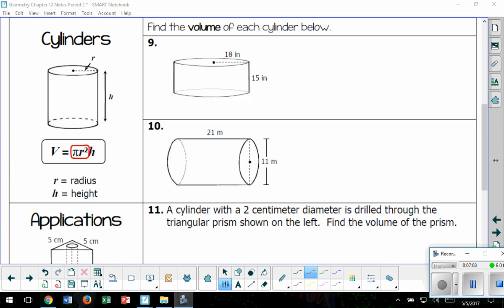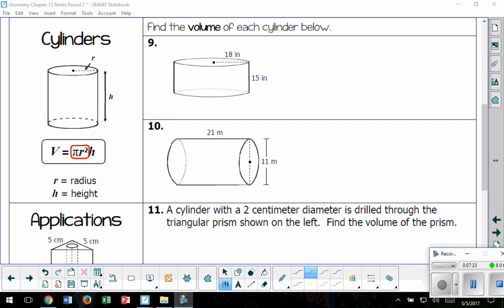Stack the CDs one by one on the pedestal, and that ends up giving you your volume. So that container that holds all the CDs, that's what volume is.